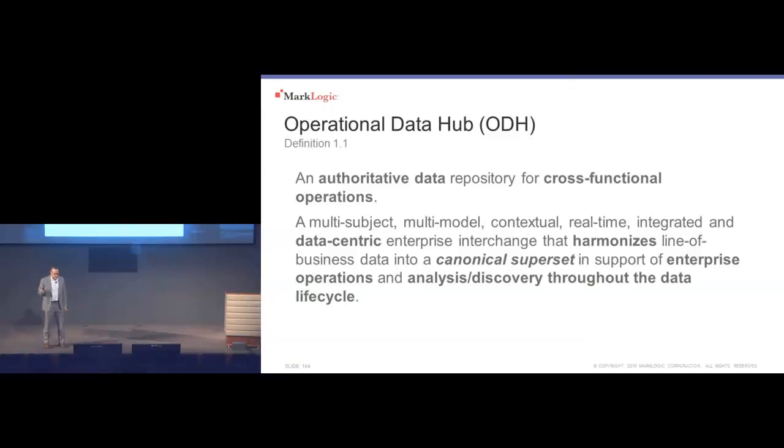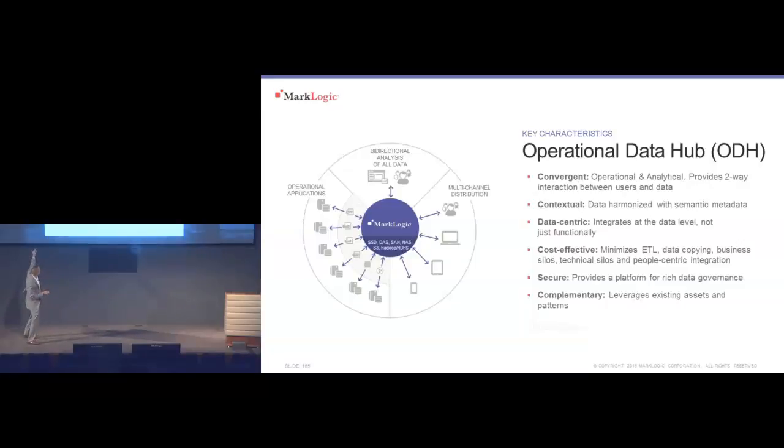There are operations that you will discover don't belong in a single line of business application, but instead belong at the enterprise level. And the only way you can make them happen is with something like an operational data hub. And then all these other things like harmonizing the data, but more importantly, bringing the operations and the discovery closer together. So this is the summary slide for the operational data hub.